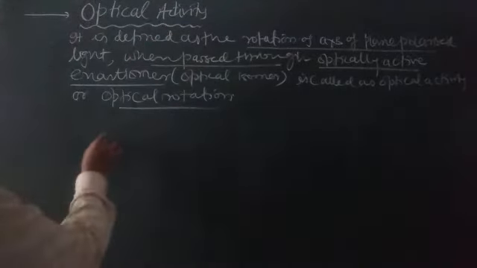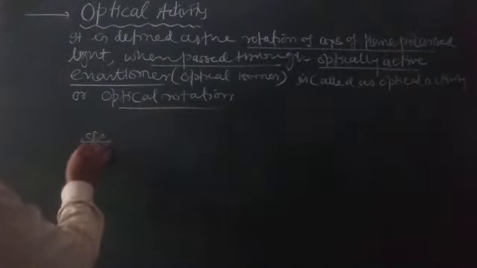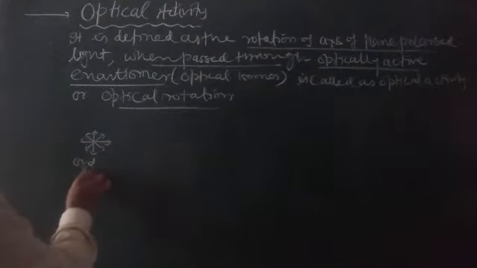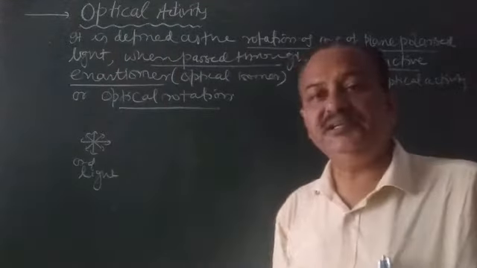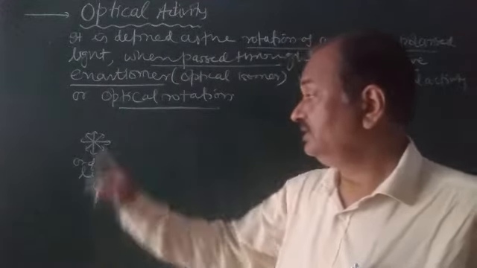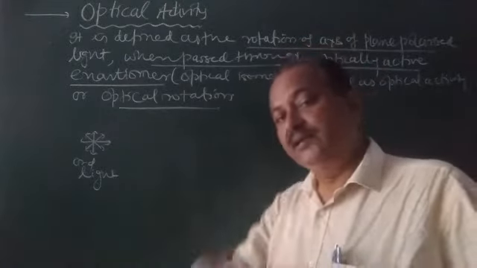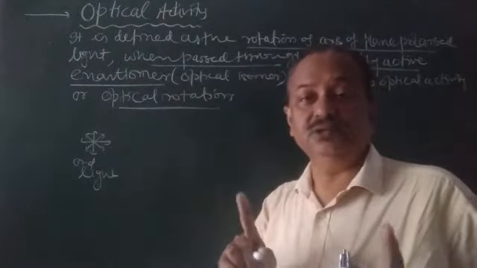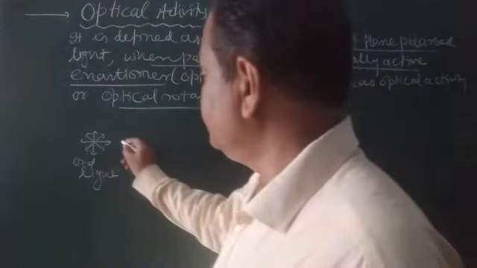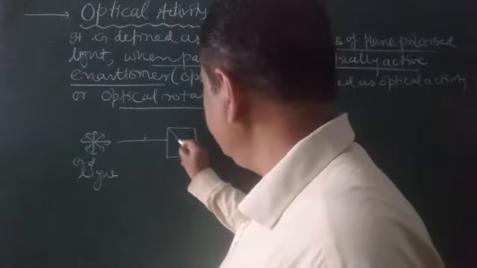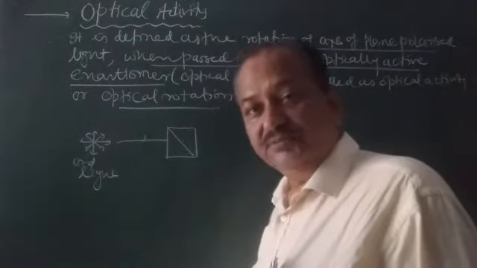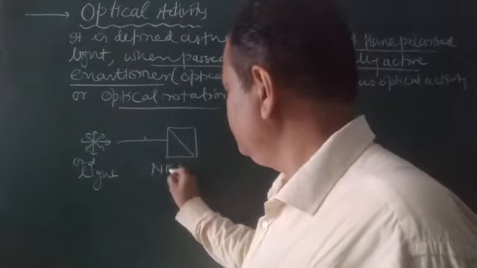So, first we will see the plane polarized light. Ordinary light, the quantas or the photons, they vibrate in all the axes, in all the directions. When it is passed through a special type of prism, you almost know from physics, the Nicol prism.